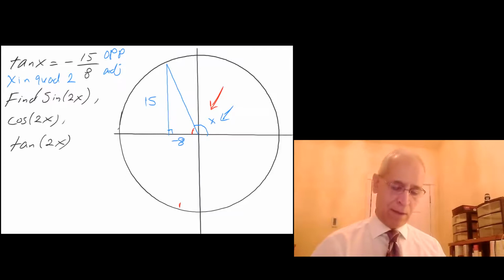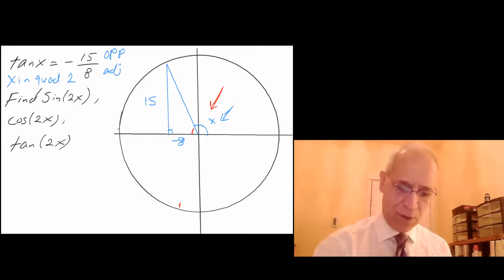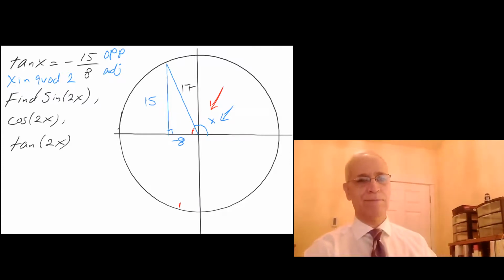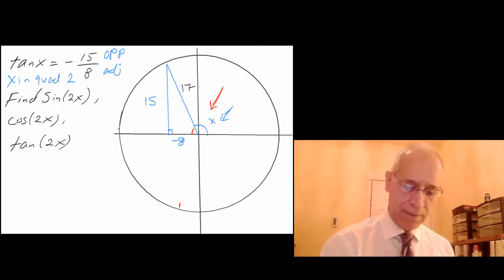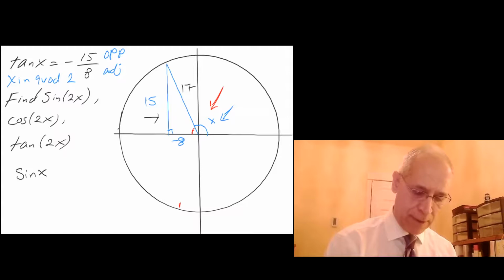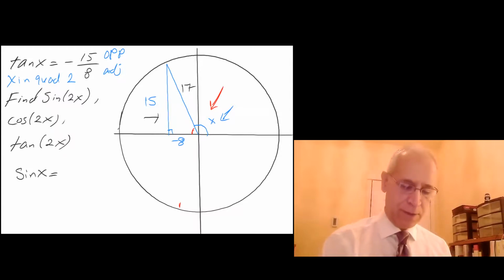Now using a squared plus b squared equals c squared, and this is one of the triples that I have memorized, I know that my hypotenuse is 17, and you can verify it for yourself. Looking at this triangle, I know that sine of x equals opposite over hypotenuse, 15 over 17.